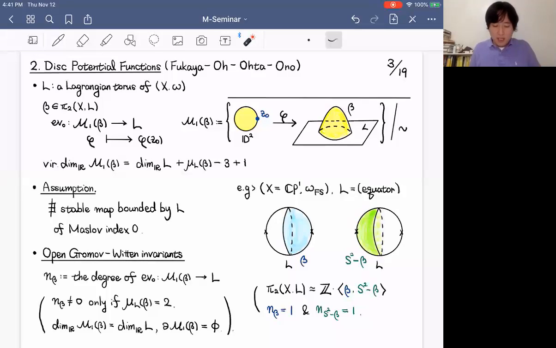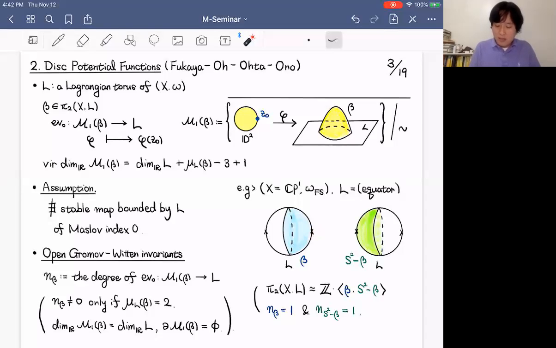Okay? And the Maslov index can be computed by the intersection with the east pole and the west pole. So in this case, to make the right dimension, one needs to think about the disk hitting this pole exactly once. So there's no ambiguity of an additional moduli.